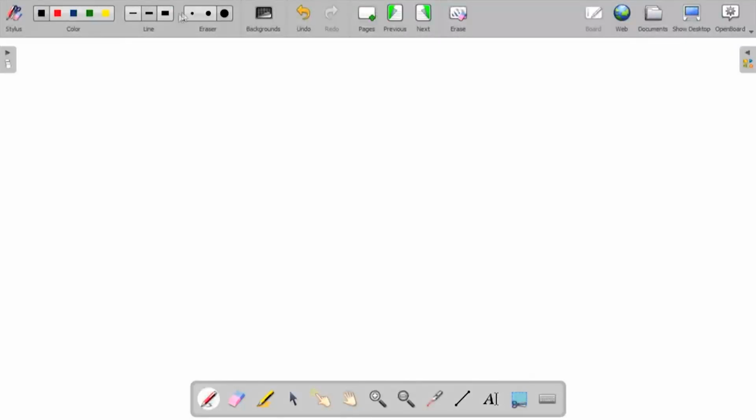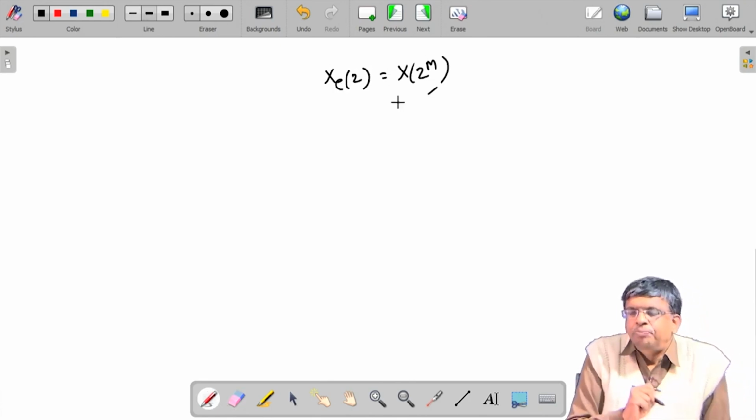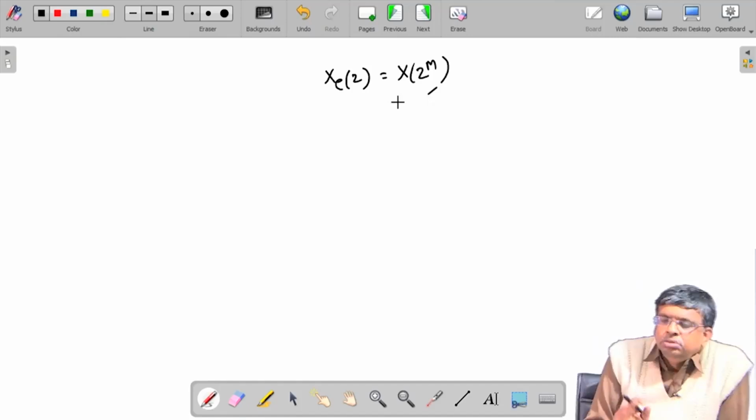That is, if M is the factor of expansion, then X(Z to the power M) is X_E(Z), the Z transform of the expanded sequence.